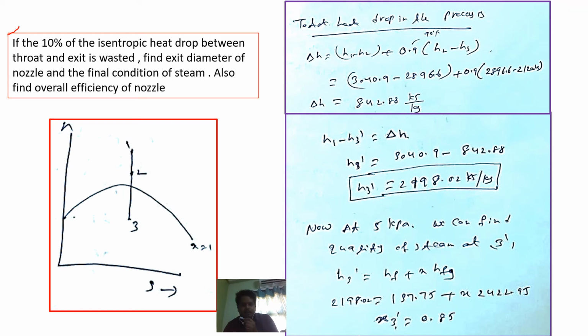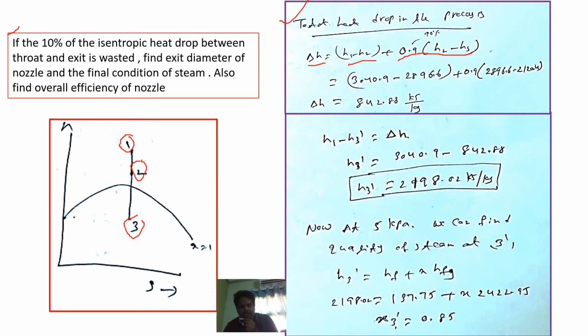First of all, we have to find the total heat drop. Heat drop delta H equals H1 minus H2 plus 90% of H2 minus H3, because there is a 10% drop, the remaining is 90%.